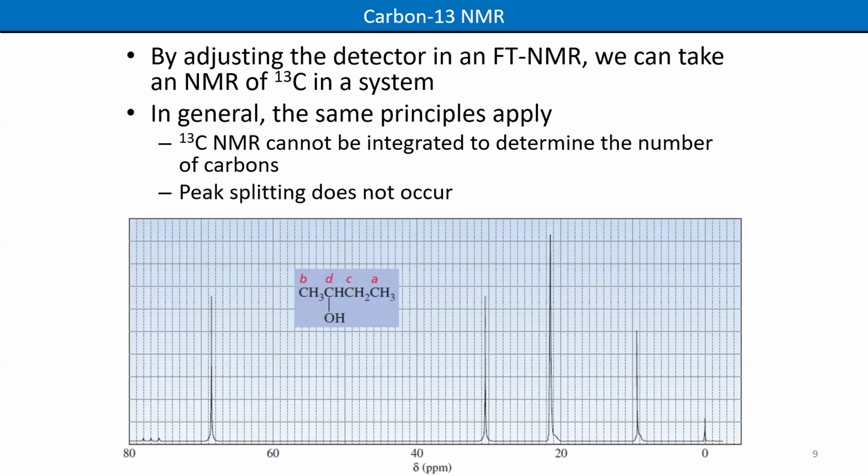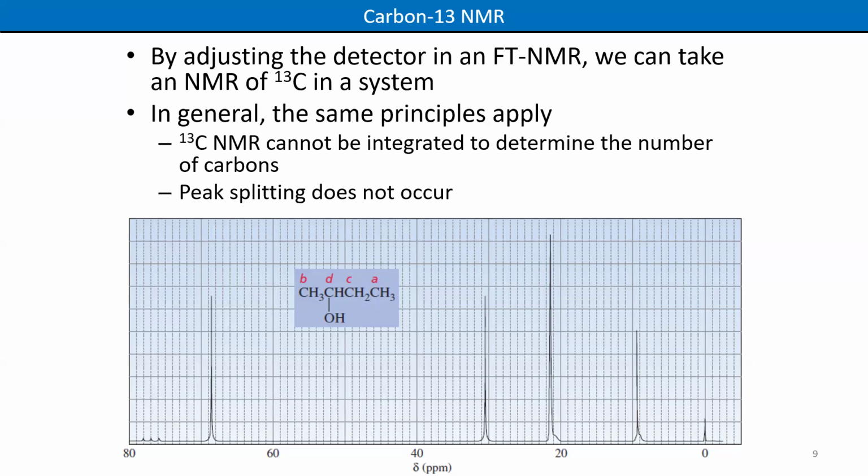The exception being, just like with proton NMR, we're usually going to see a peak at 0. Tetramethylsilane, the reference compound, will show up at 0, just like it did for proton NMR.